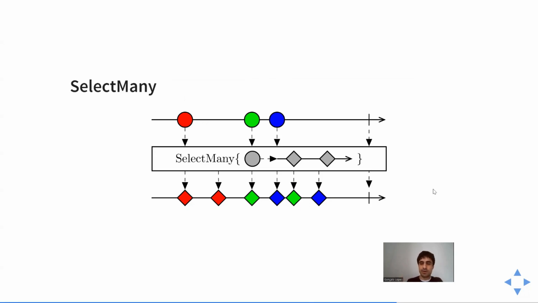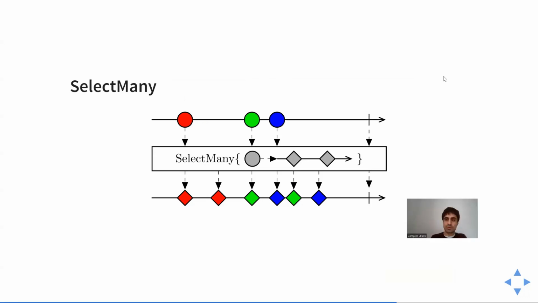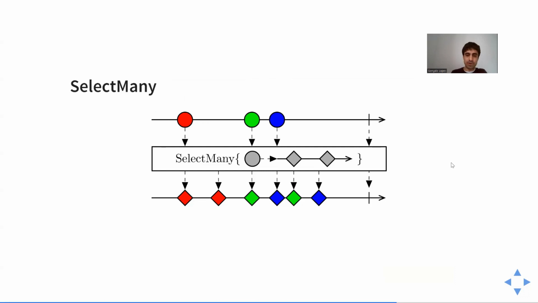So that's a very important thing to understand about select many, because it's a source of great power, of things you can do with select many, but also something you have to watch out for as you make more complex workflows with select many that we will do in the next lecture.